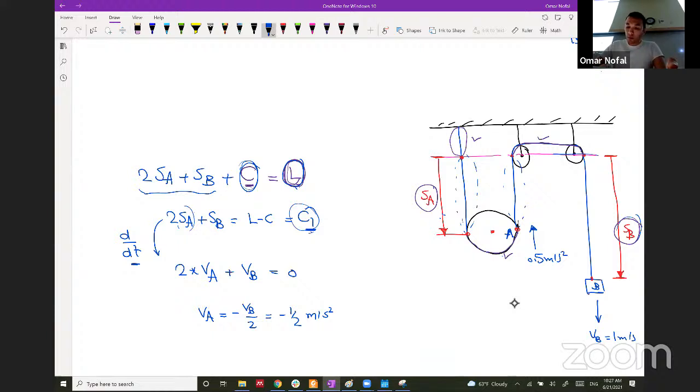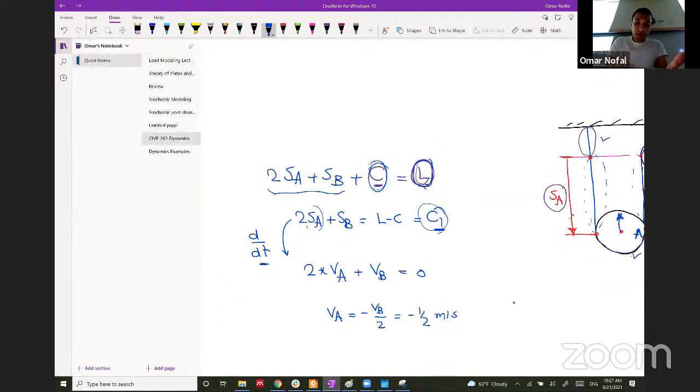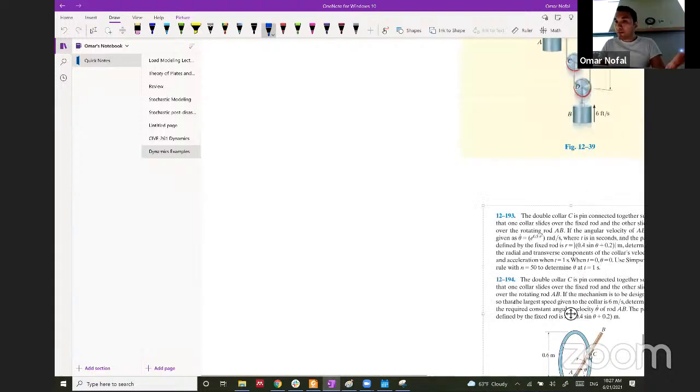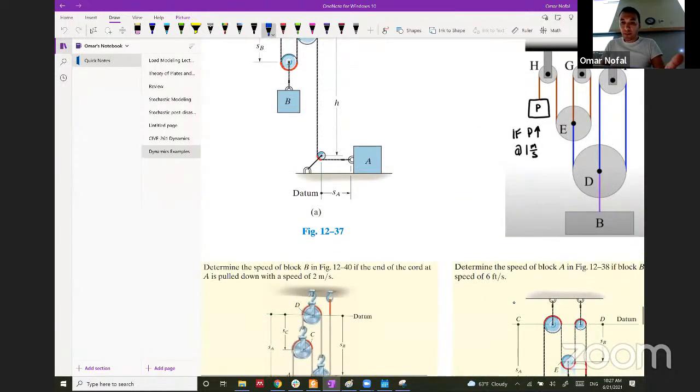Oh, sorry, meter per second, not squared. It's the velocity. And this is rational because, as you know, if B is going down, this drop will be pulled down and this pulley will go up like this. So this is how it works. Let's see some examples that show how this pulley thing works.